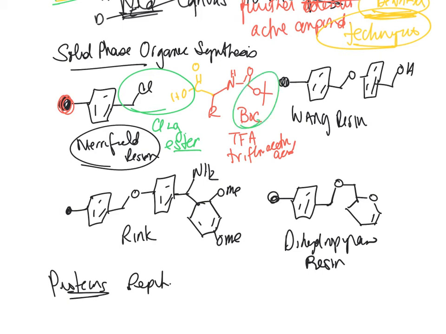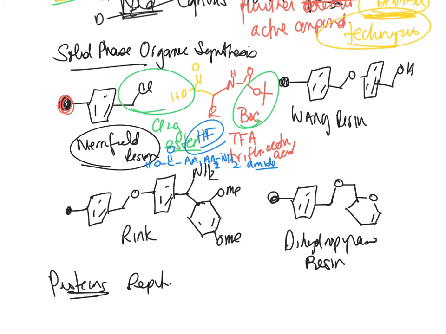And then when you want to cleave this ester, you use hydrofluoric acid. And hydrofluoric acid will release your amino acid. And it will leave you with a carboxylic acid on one end, and then you can have amino acid 1, amino acid 2, and then you get an NH2 on the other end. So that's great for making amide bonds.